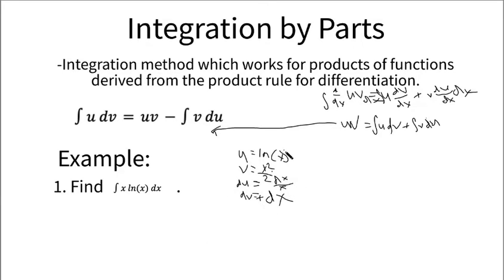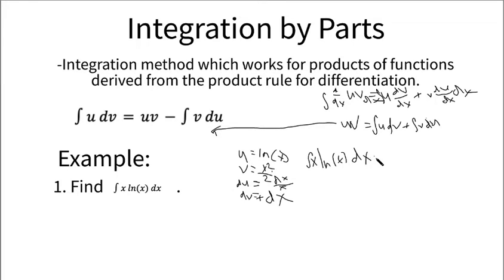So now we have all four of them. Now we can see why this works, because dv is x dx, and all that's left is natural log of x, which happens to be u. So this integral is the integral of u dv, which is equal to uv minus the integral of v du. So the integral of x natural log of x dx equals, what's uv?